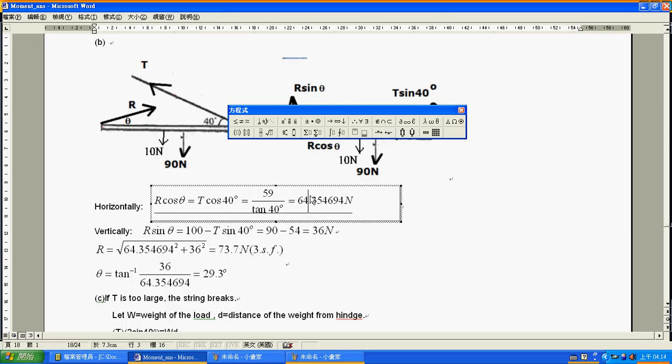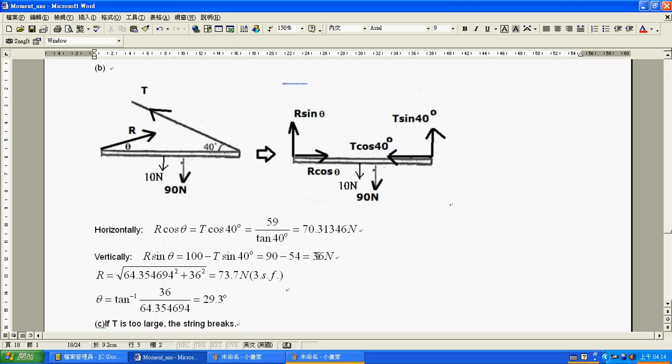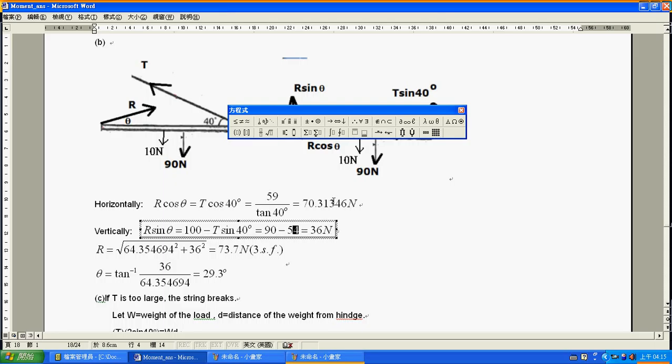So it's 70.31346. All right, and this part, so it's 100 minus T times sine 40 degrees, which is 59. So 90 minus 59. So it's 31.